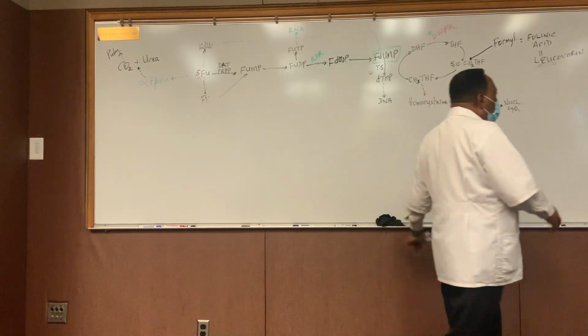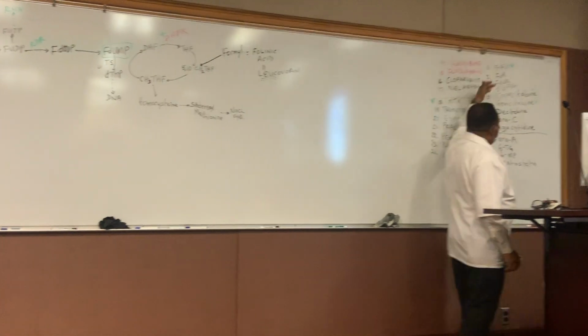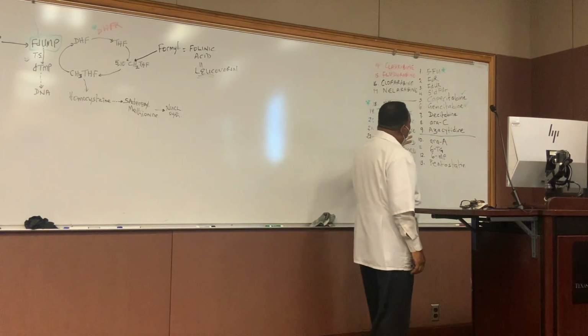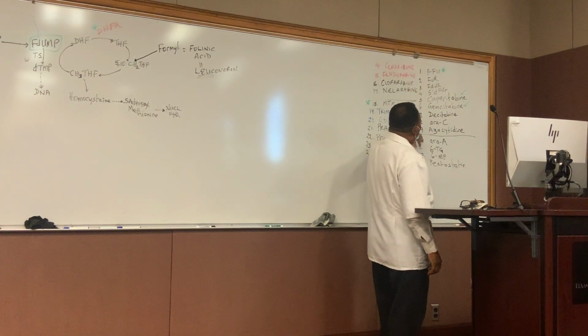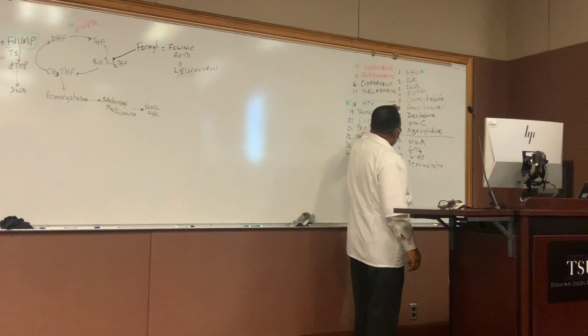So everything we've done so far dealt with 1 to 9 in that group. But let's just quickly mention some other members of the group. So the first 6 are okay.